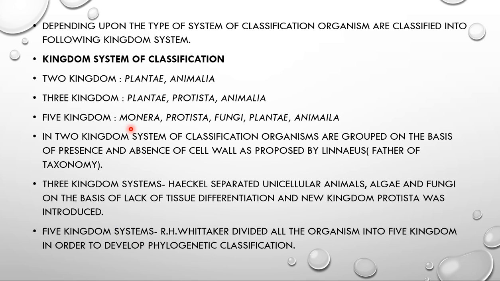Whittaker discovered these five kingdoms: Monera, Protista, Fungi, Plantae and Animalia. Okay students, so nowadays what we study is the five kingdom classification system, which was discovered by Whittaker, or it is simply called the five kingdom classification system.